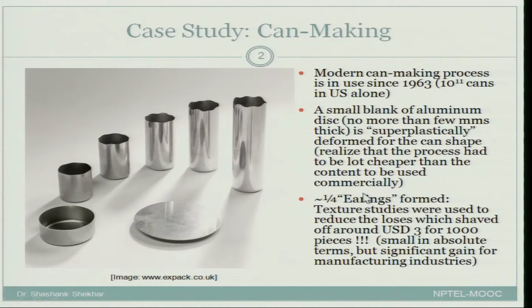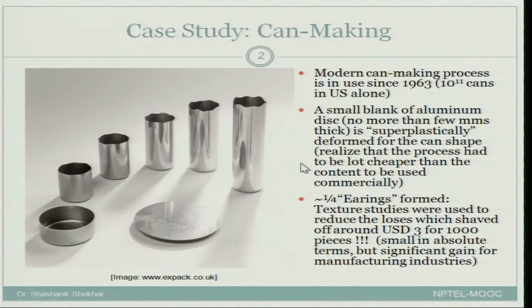After looking at the various fundamentals of the process, understanding the texture, and we are talking not about the surface texture but a crystallographic texture, the crystallographic texture involved during the deformation told people what kind of texture to use to ensure that these ears are not formed.